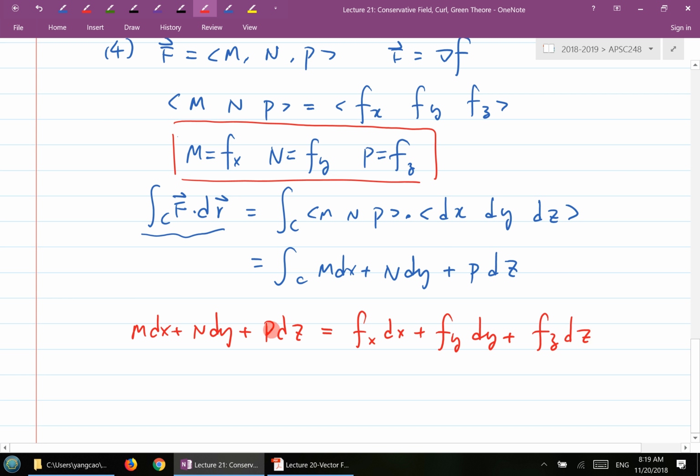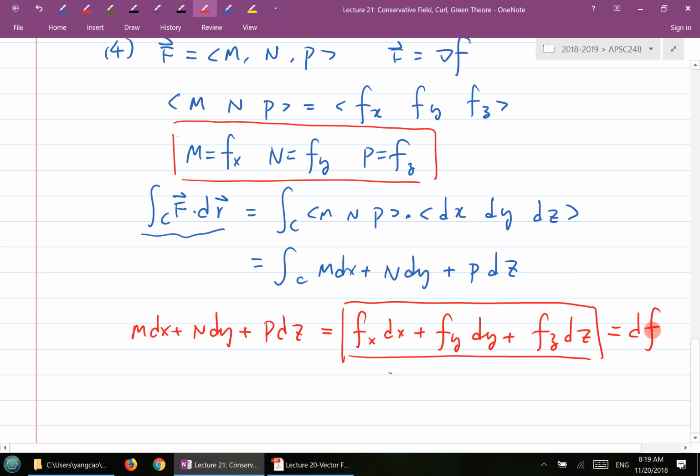If this is the case, then you can replace M, N, and P with the three partial derivatives. And for this last expression here, if you recall, this is essentially what? The total differential, right? This total differential here.